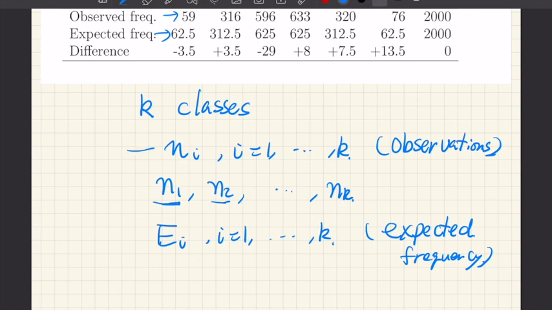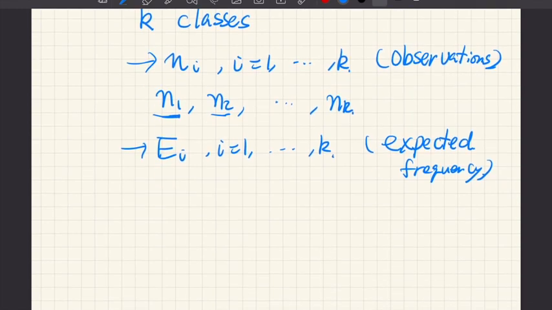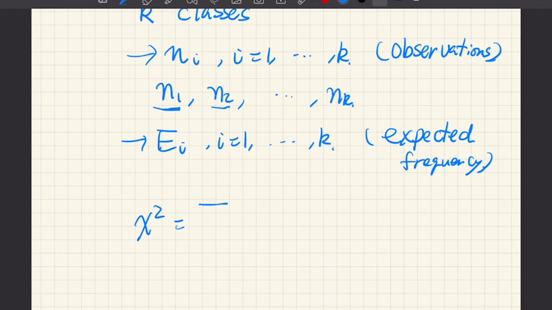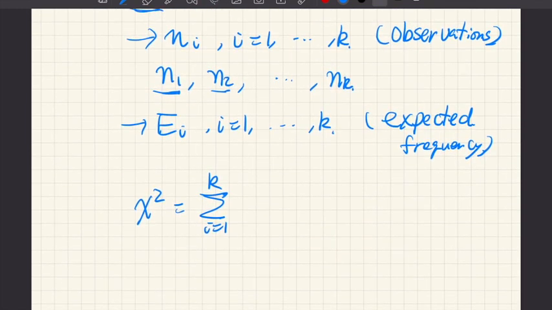Using these, we define the chi-square statistic as the sum from i equals 1 to k, because there are k classes, of (n_i minus e_i) squared divided by e_i. This means e_i cannot be 0.